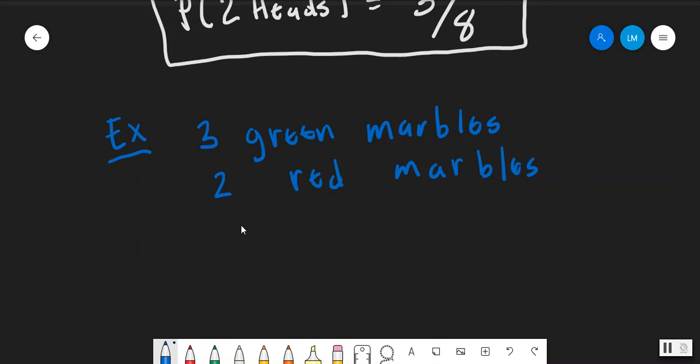And then let's say that there's 4 yellow, and then what we can do here is just say that there's going to be 1, let's use blue. So 1 blue marble.